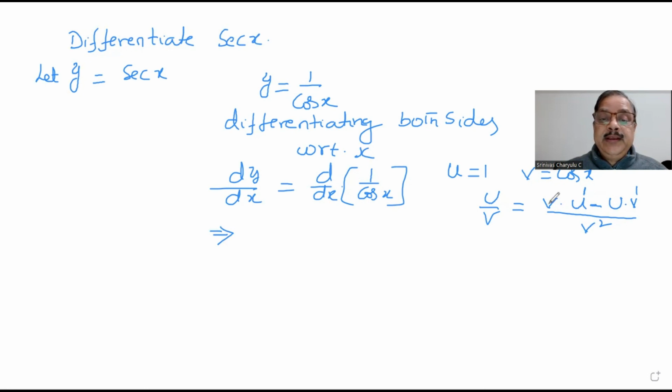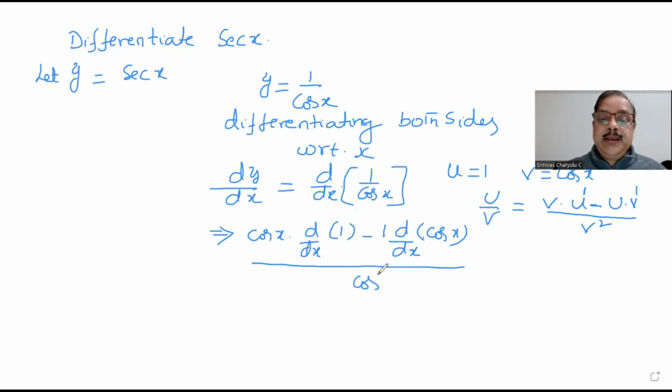So first v means cos x into differentiation of 1 minus u means 1 into d by dx of cos x, whole thing divided by cos square x. Because it's v square, v is cos x, so cos square x.